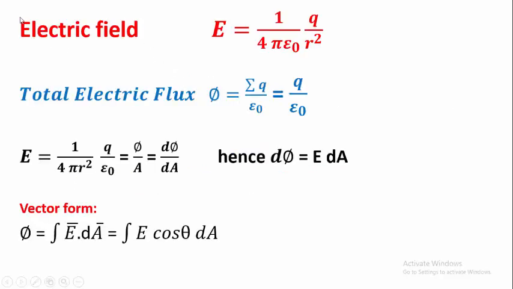As we have already seen, the electric field is represented by E is equal to 1 upon 4 pi epsilon 0 Q upon R square, and we have also seen the Gauss law, that is total electric flux is summation of total charge enclosed inside the volume divided by epsilon 0. So phi is equal to Q upon epsilon 0.